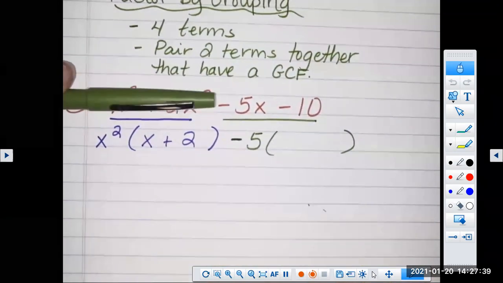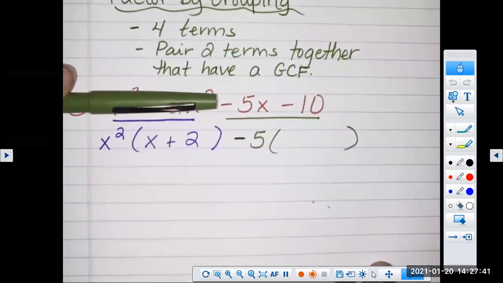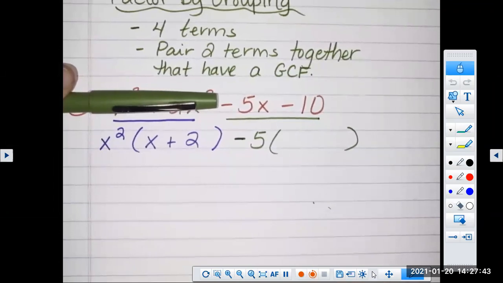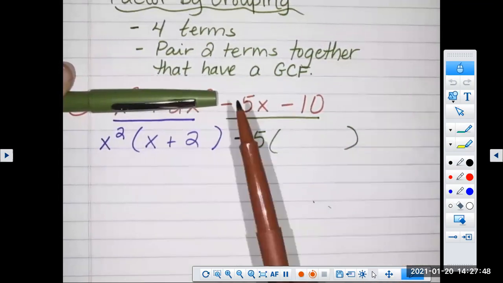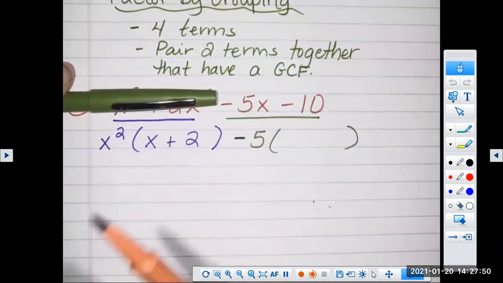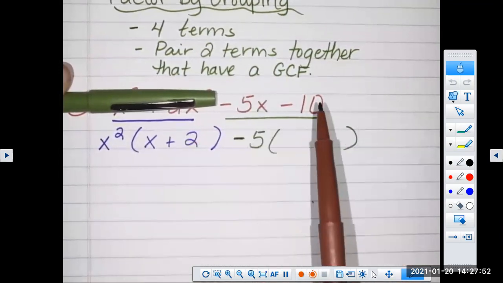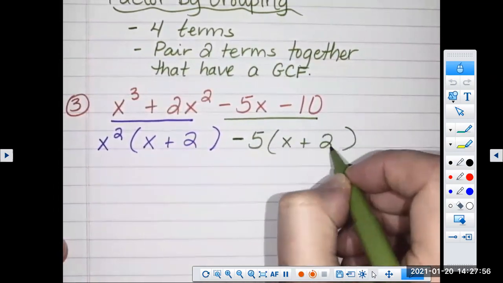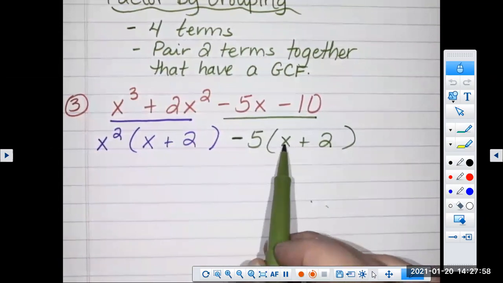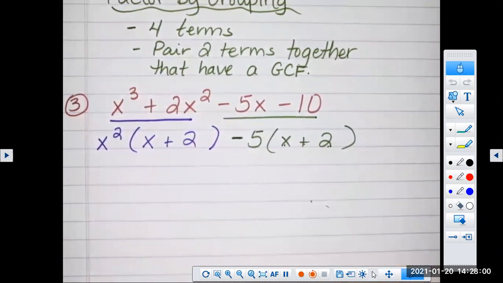Notice if I ignore those first 2 terms, I've got -5x minus 10. This is your leading term in a sense for this half. So when I have a lot of negative signs like that in my problem, I'm usually going to factor out a negative. So that'll leave you with a positive x plus 2.